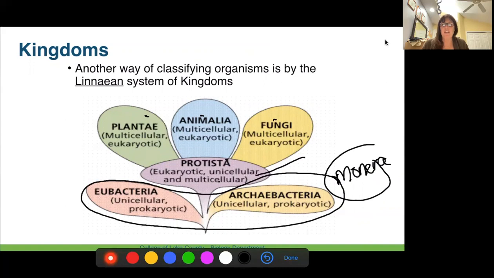If it doesn't fit in any of the other kingdoms, we threw it all in Protista. Plantae, of course, are plants, Animalia are animals, and then fungi, like mushrooms and stuff like that. And then we found out, remember, I talked about how bacteria and archaea are so different. So we split them into eubacteria and archaebacteria.